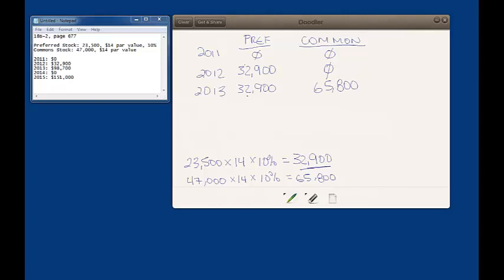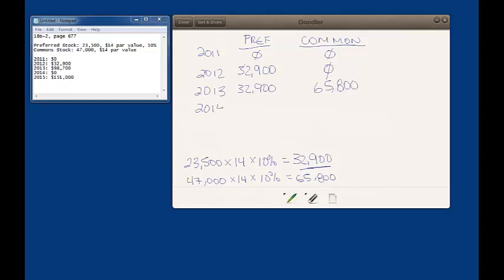So we've given 32,900 to the preferred stockholders. We've given 65,800 to the common stockholders, and that just so happens to equal 98,700. So we've given out all our money, so we have no more to give out. So that's the end of that.